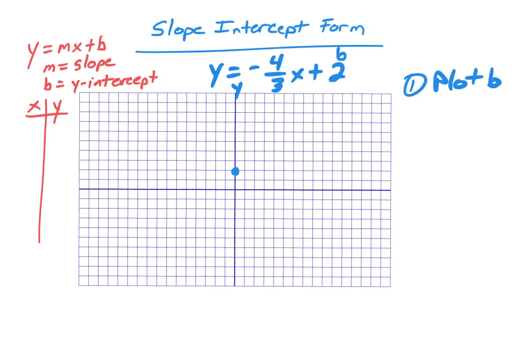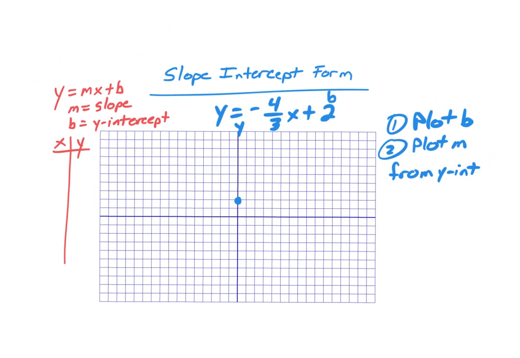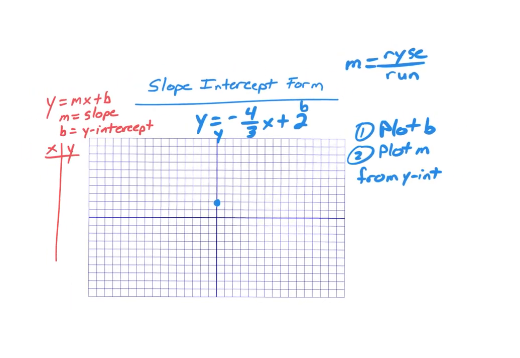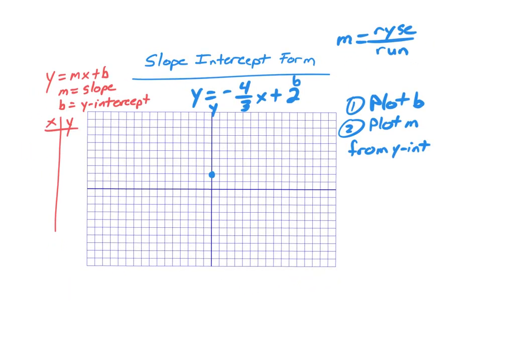Once we have that point at the y-intercept, my second step would be plot your slope from the y-intercept. Now we might go way back, and you might remember that slope is represented as rise over run.